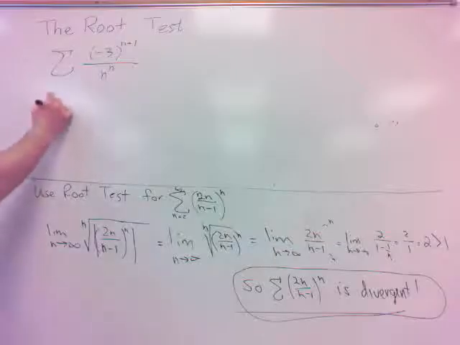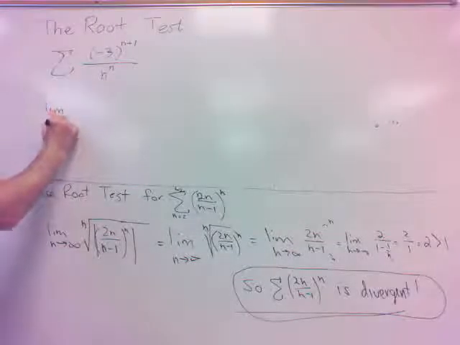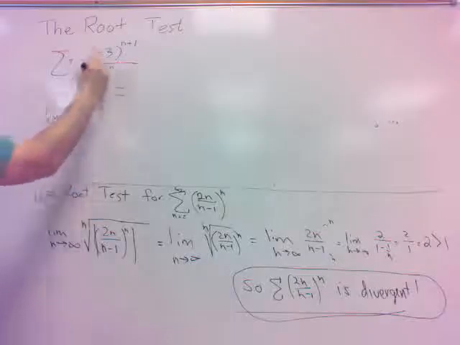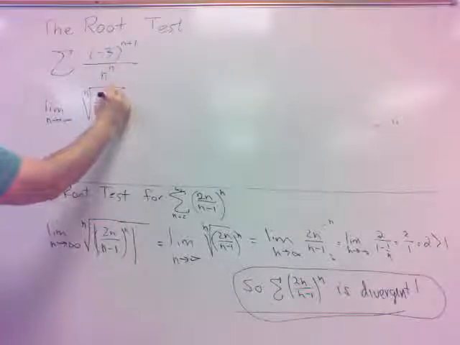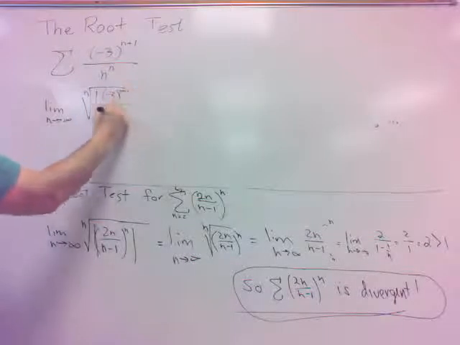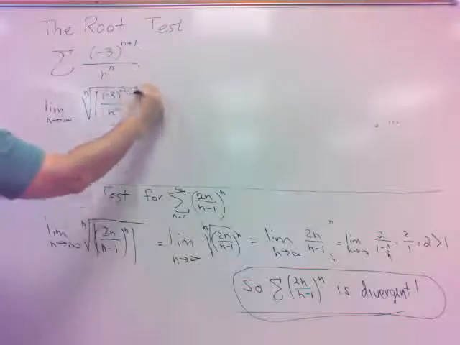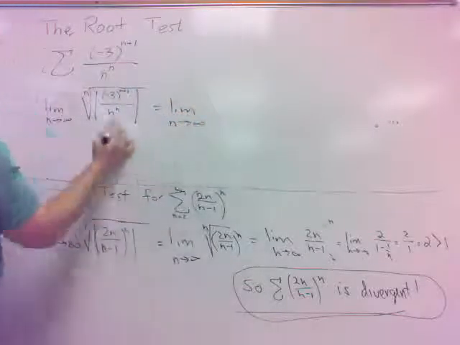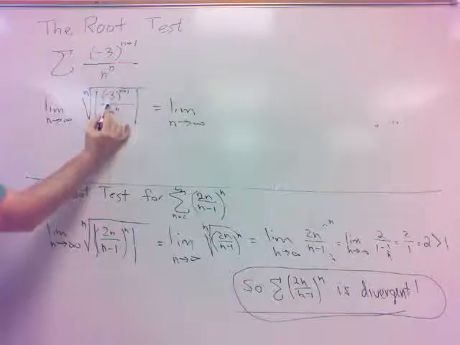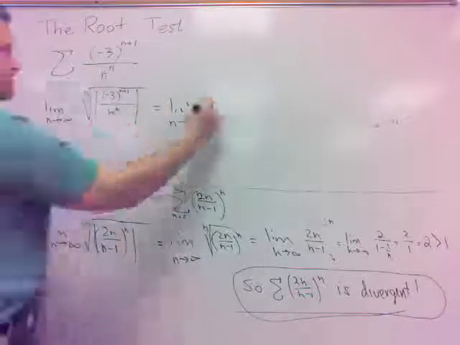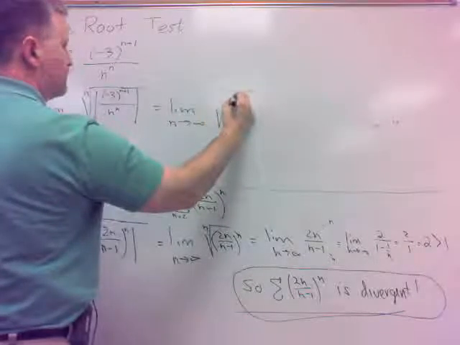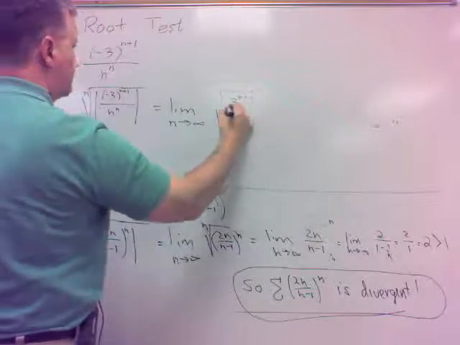All right, so the root test says look at the limit as n goes to infinity of the nth root of the absolute value of this guy right here. The absolute value would knock the negative 3 base out, so it'll just be 3 to the n plus 1 over n to the n.